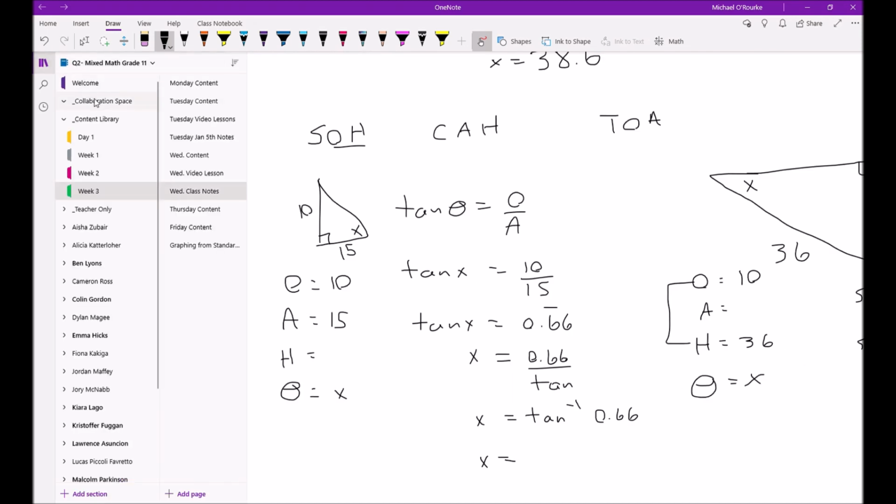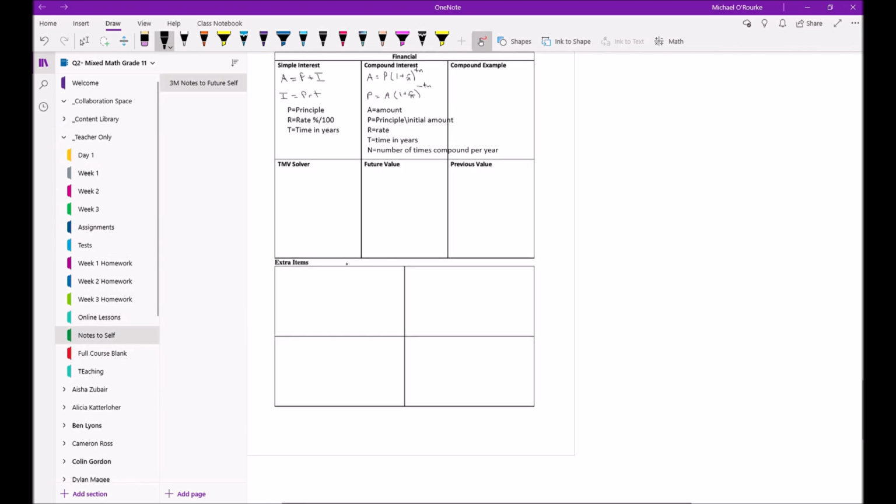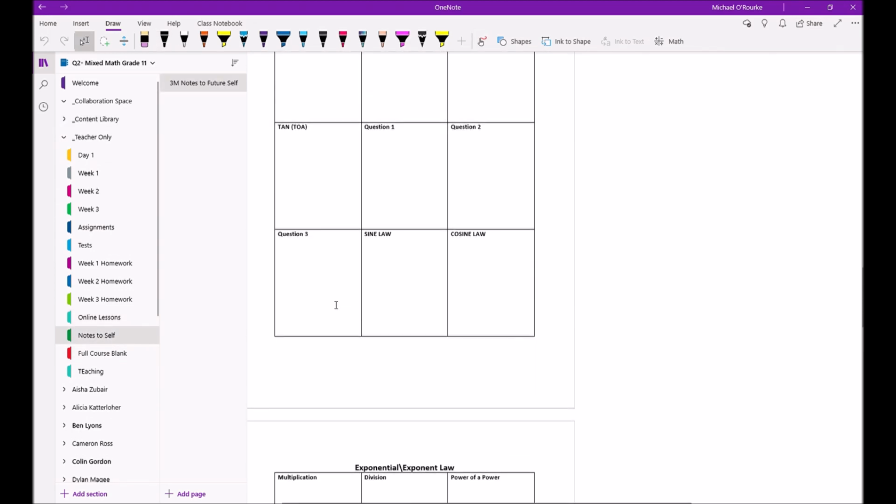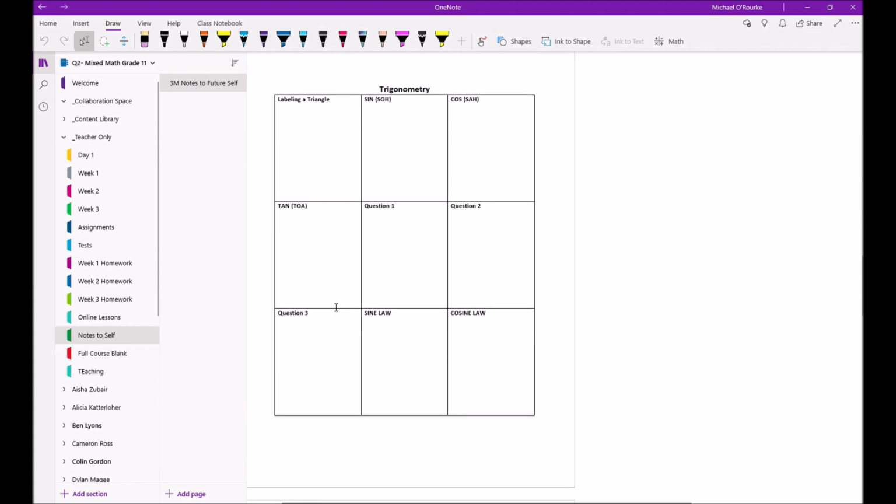No, there's non-90-degree trig, which we'll tackle on Friday. Which is like when you have triangles that aren't 90 degrees. How to find that. It's pretty easy. In your notes to self, there's a whole, we pretty much almost did a whole page here.